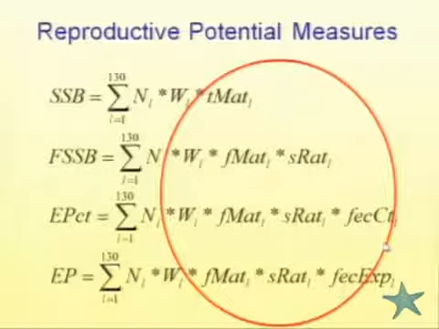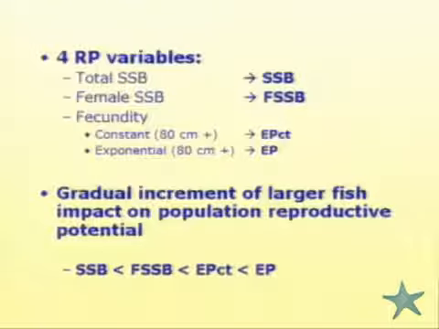So we have 4 different variables of reproductive potential: SSB, female SSB, egg production constant, and egg production exponential. In all of them there is a gradual increment of the larger fish having impact on the population reproductive potential. So in SSB the larger fish have less weight than in female SSB, than in egg production constant, than in egg production exponential.